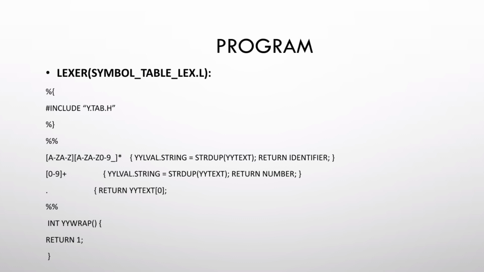program. As I told before, the definition section includes declaration of the constants, variables and regular definitions. The rule section defines the statements P1 action 1 to Pn action n.